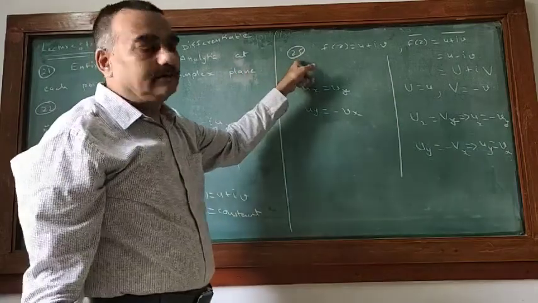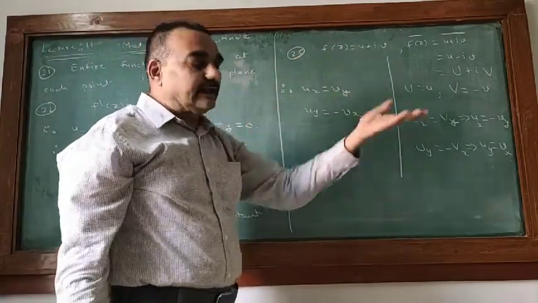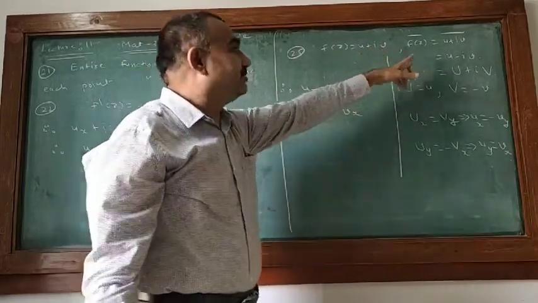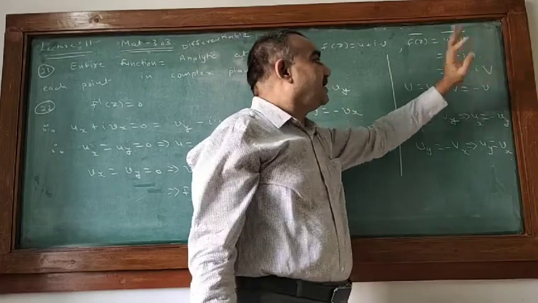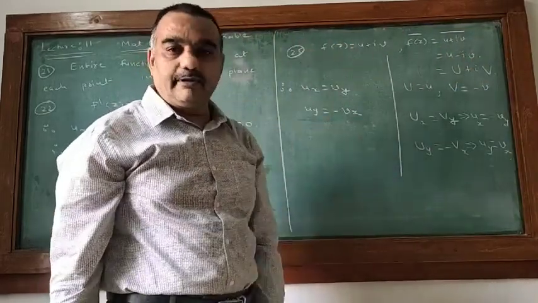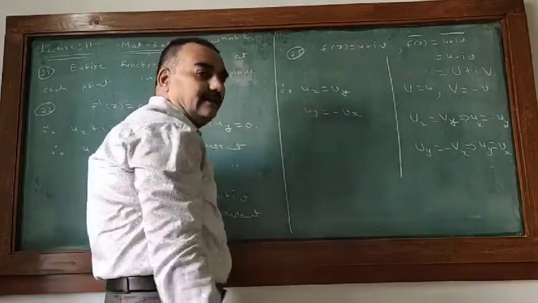In 25, f(z) equal to u plus iv, which is analytic, as well as its complex conjugate, meaning u plus iv bar, which is u minus iv. Both of these are analytic in some domain D. Then ux equal to vy and uy equal to minus vx.